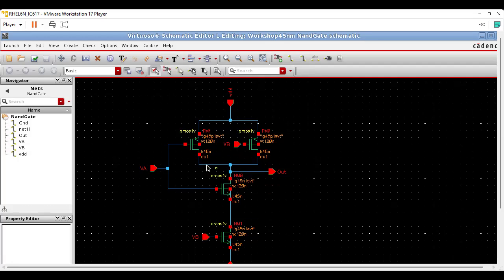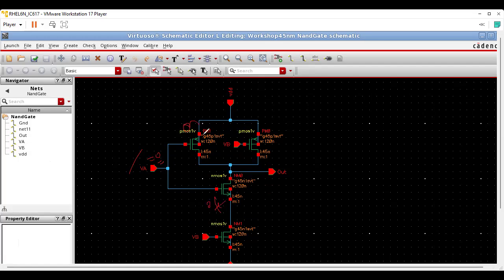Still, we can see in this case, if we give 0 from here, let us suppose, let me enumerate it before simulating. If I suppose that VA is equal to 0, it means this PMOS is on and this is off.